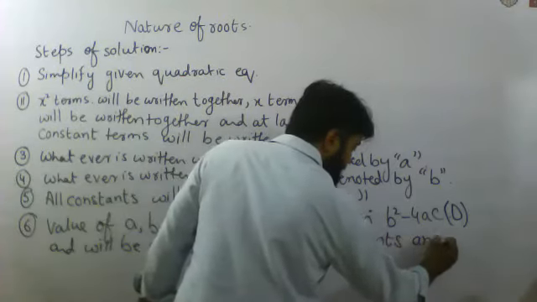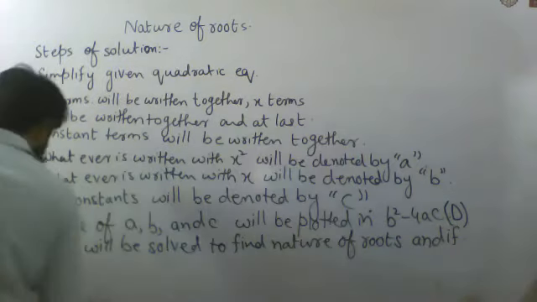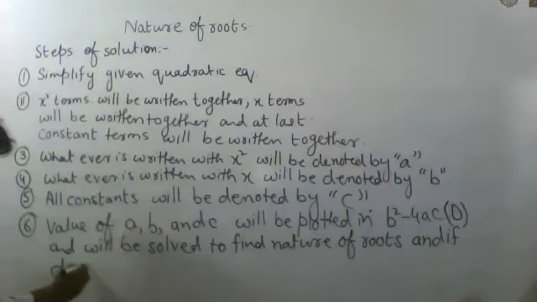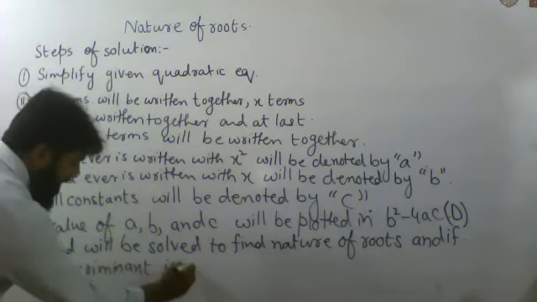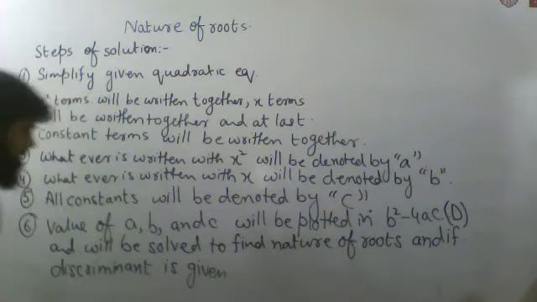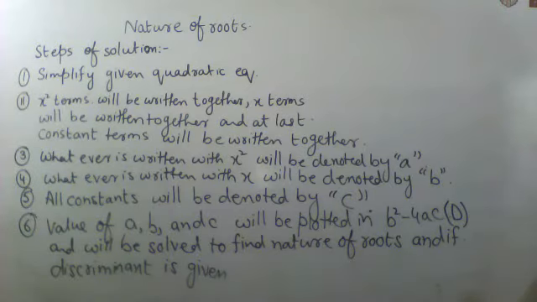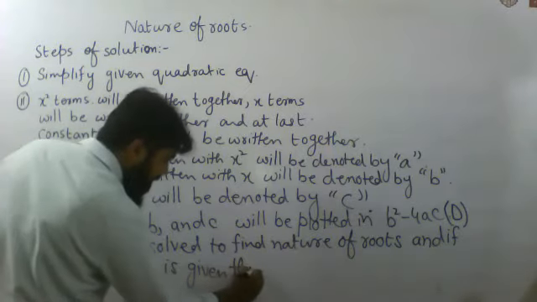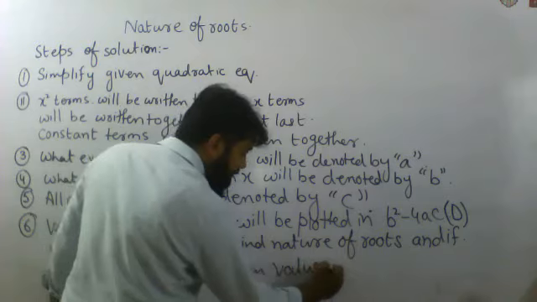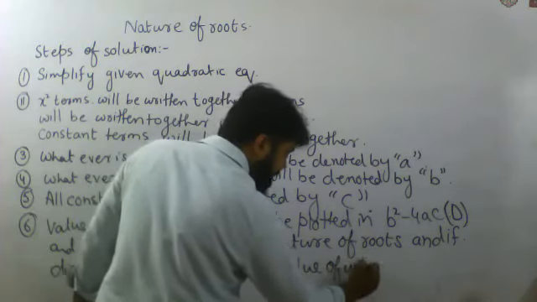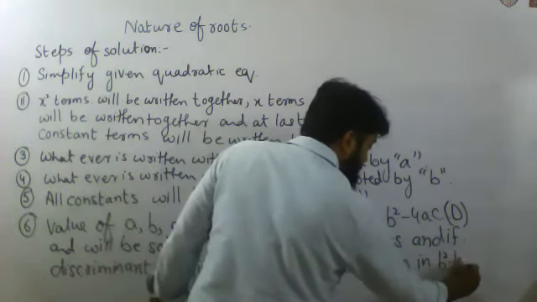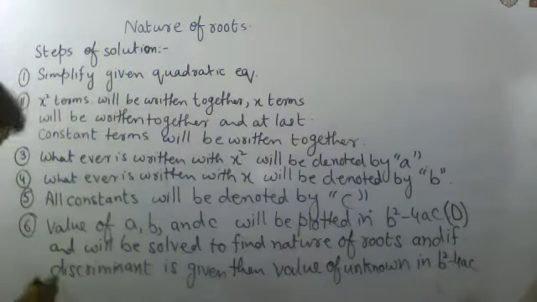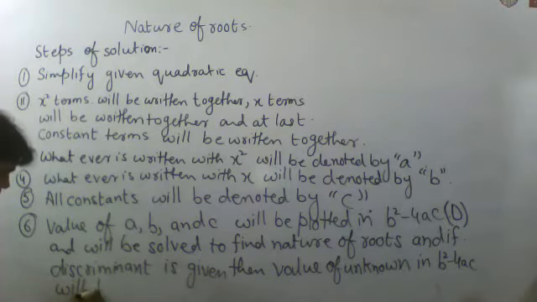And if discriminant is given, if they would have already told us what the discriminant is, we will use it, then value of unknown in b square minus 4ac will be found.